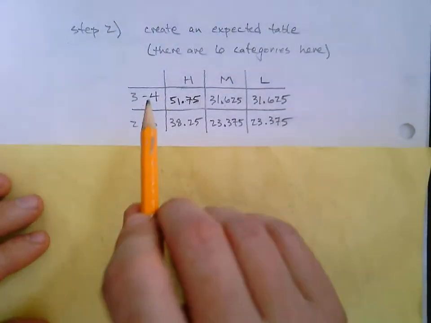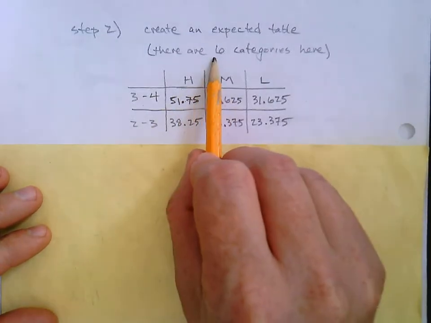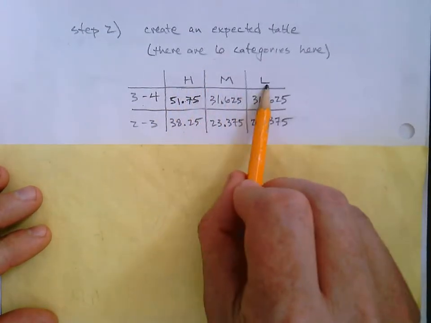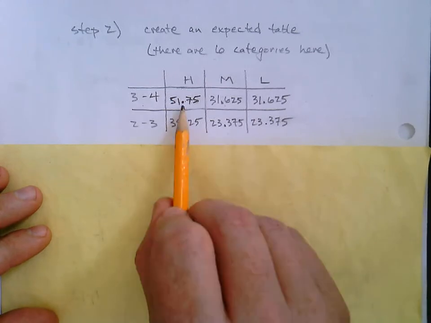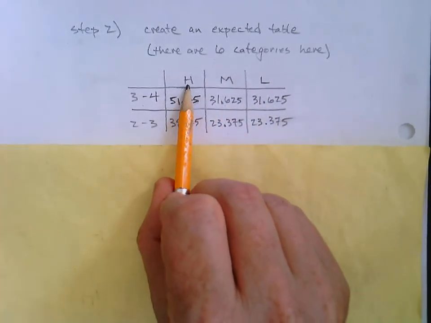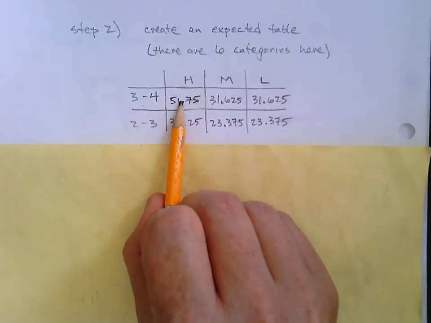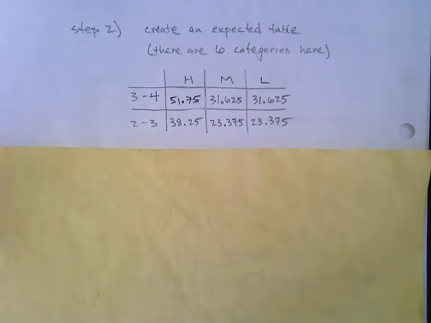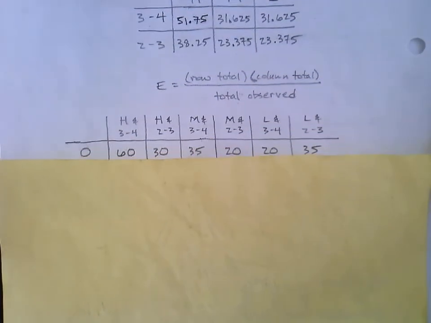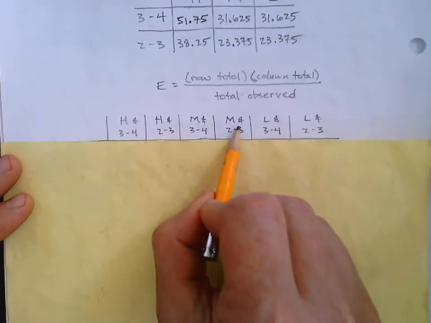Because we have rows and columns, there are 6 categories. 3 across the rows, 2 down the columns, so that makes 6 categories, right? So for instance, high anxiety and GPA between 3 and 4 is 1 category, and each pairing. So when we create our big table here, there's 6. 1, 2, 3, 4, 5, 6.